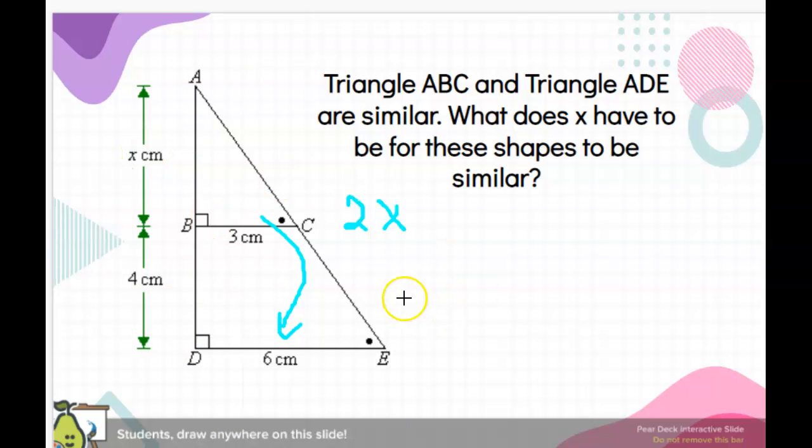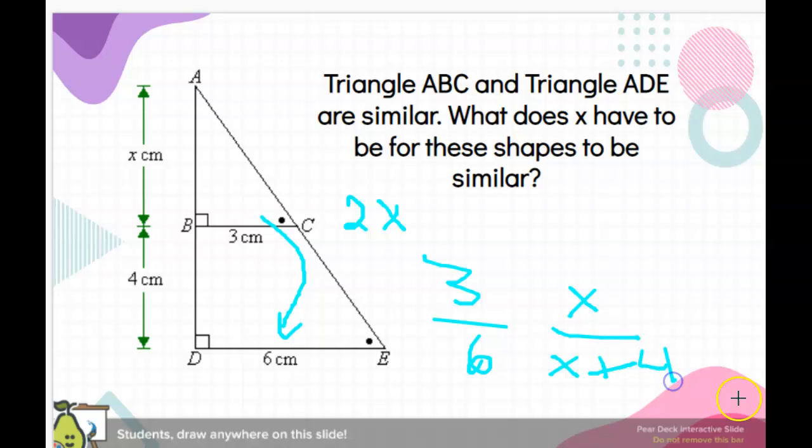And so when we set up our proportion, it would be 3 to 6, and then X plus 4. Now, since we know it has to multiply by 2, that would mean that 2 X's has to equal X plus 4. If I were to solve this equation, I would take away X from one side, which would end up with X, and the only thing on the other side is 4. So X would be 4.